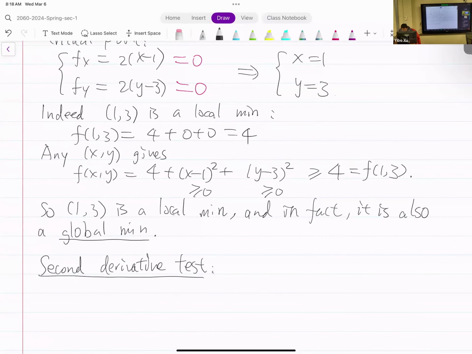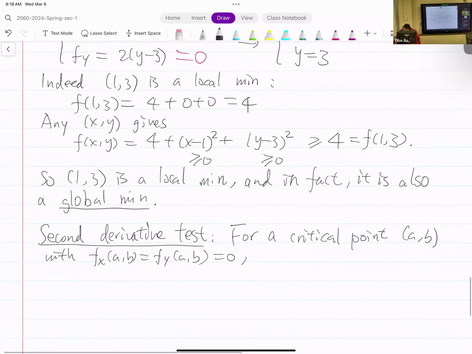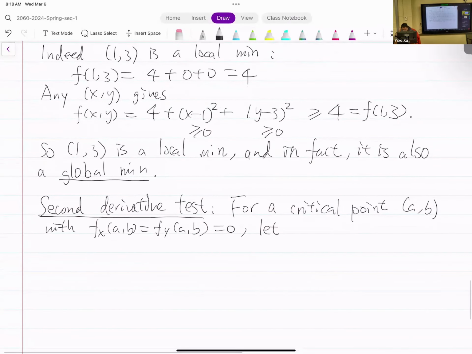But here we're also utilizing the second order partials for a critical point. Let's say (a, b) with f sub x of (a, b) equal to f sub y of (a, b) equal to 0. We notice that we have 4 second order partial derivatives, right?